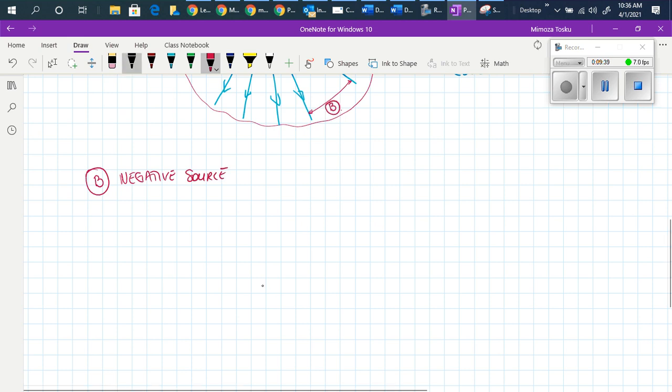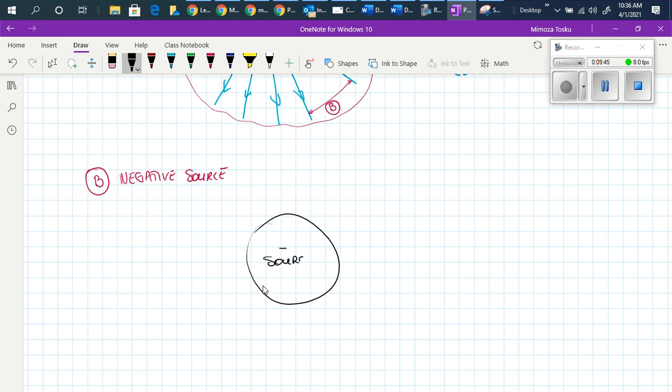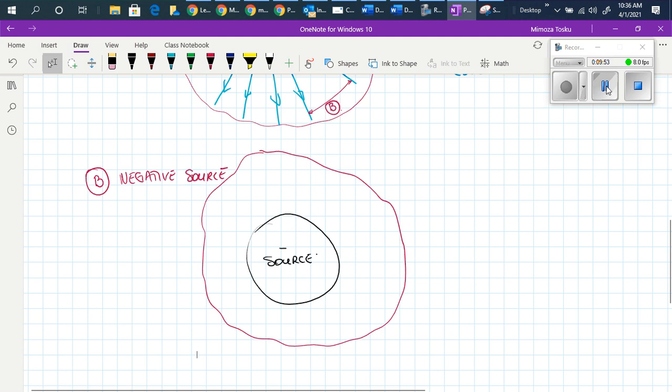So if we have a negative point source, then we said that it is surrounded by an area, so that if you place a similar object on that area, an interaction will happen.